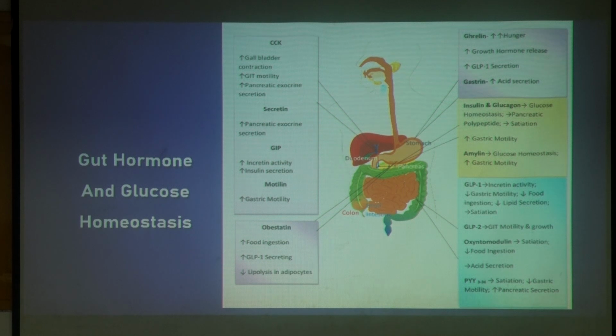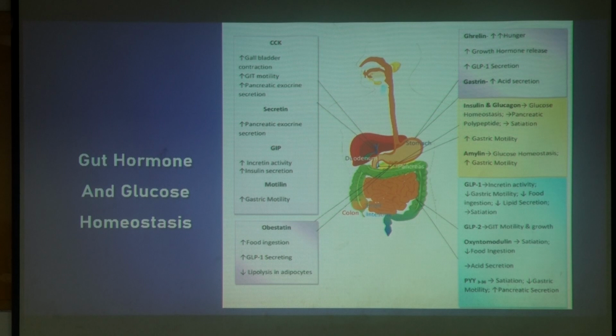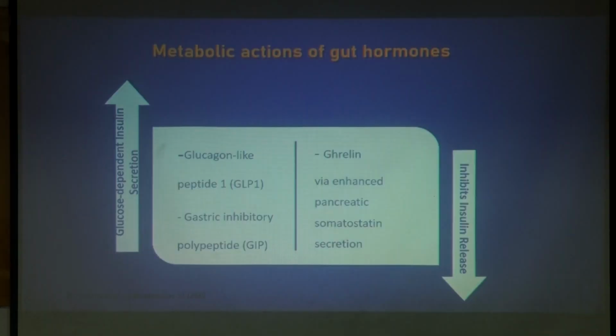We have all heard about GIP, and motilin also increases gastric motility, and obestatin, which is a gut hormone, increases food ingestion. It also increases the sensing of the GLP-1 receptors, and it also reduces lipolysis in adipocytes. These are the hormones with respect to this. The other aspect is ghrelin, which increases hunger.